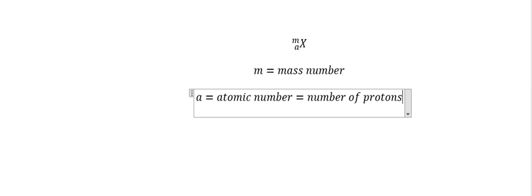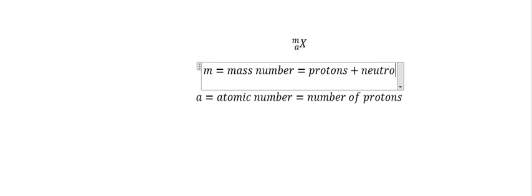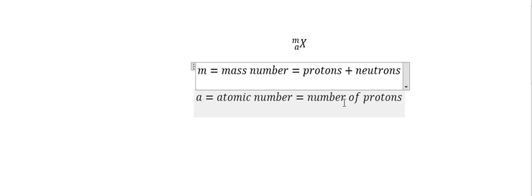Now we should also know that this atomic number is always equal to the number of protons. So the atomic number is the same as the number of protons. The mass number is always equal to protons plus neutrons. Now let me write something.